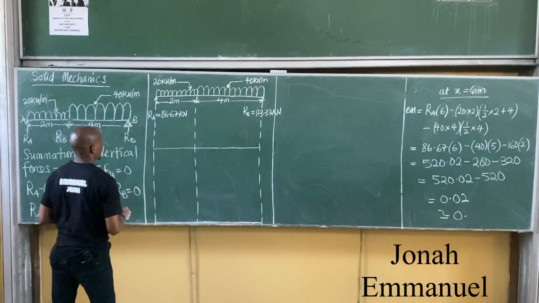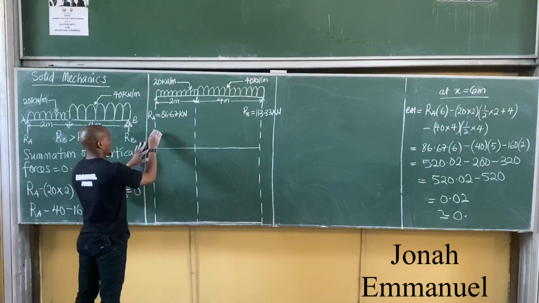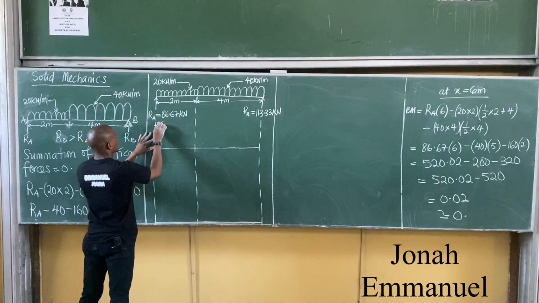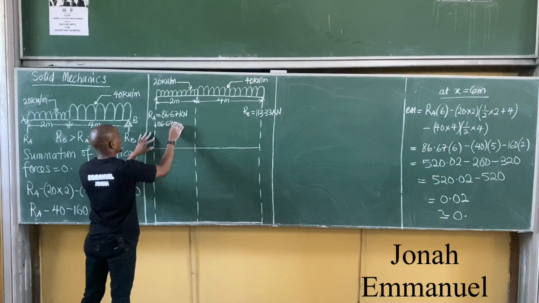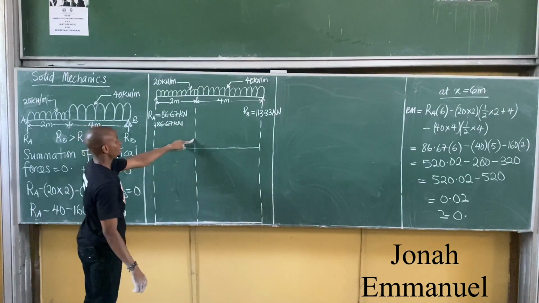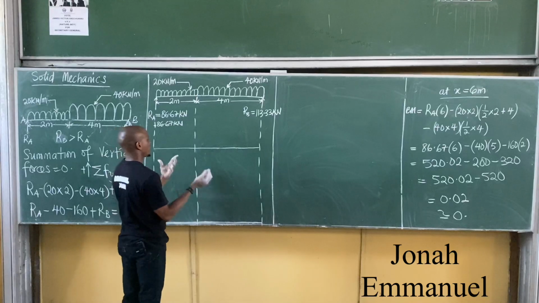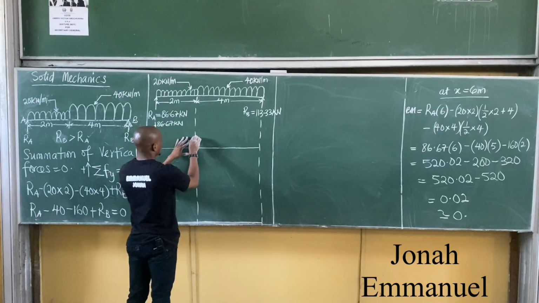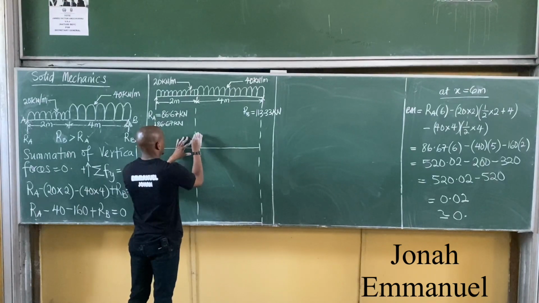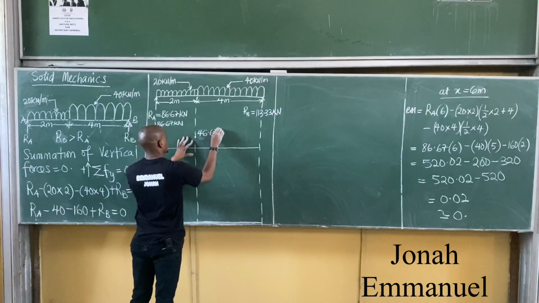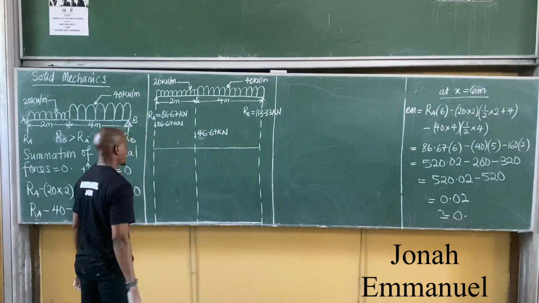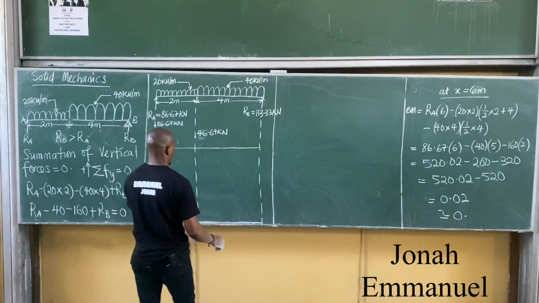Alright, so at this point, let me assume this point here is 86.67 kilonewton. At x equal to 2 meters, what was your shear force value? 46.67. Hold on, 46.67 kilonewton. At this point, there are two conditions: minus 100.33.